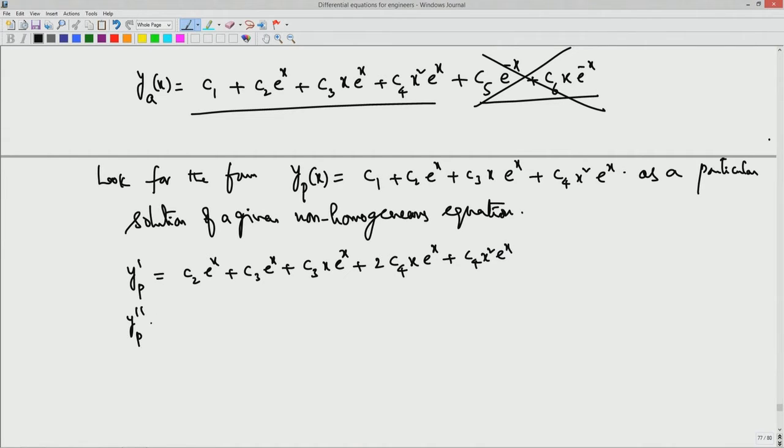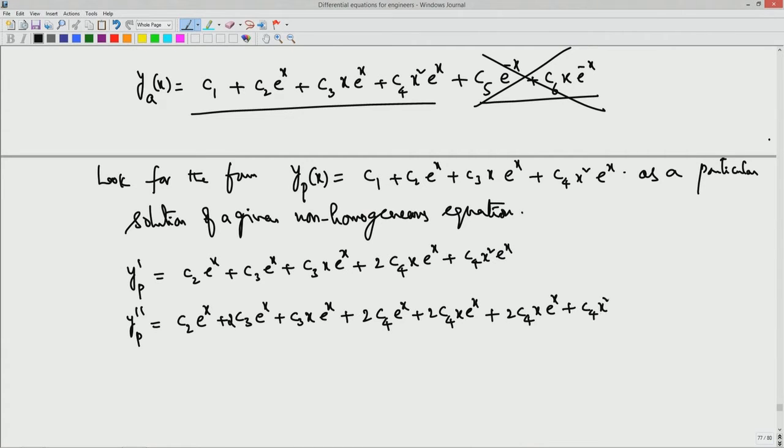Yp double dash is C2 e power x plus C3 e power x plus C3 e power x plus C3 x e power x, plus, if you differentiate, 2 C4 e power x plus 2 C4 x e power x, again 2 C4 x e power x plus C4 x square e power x.